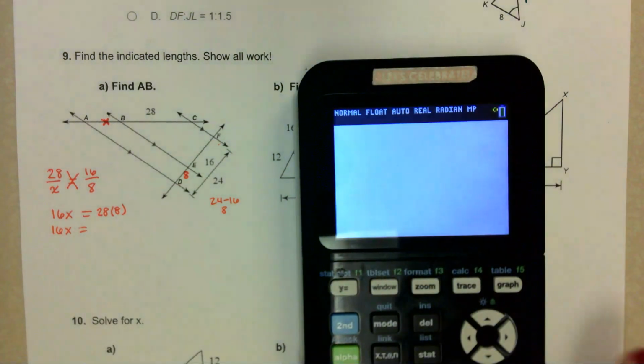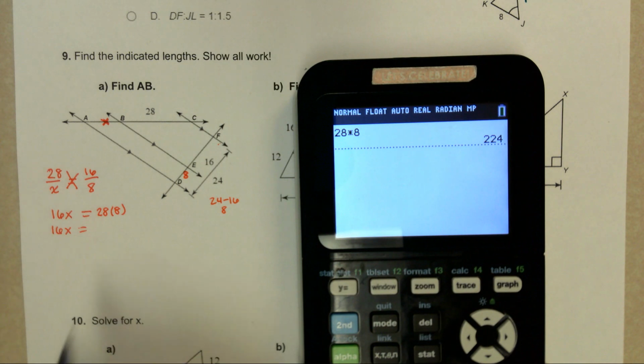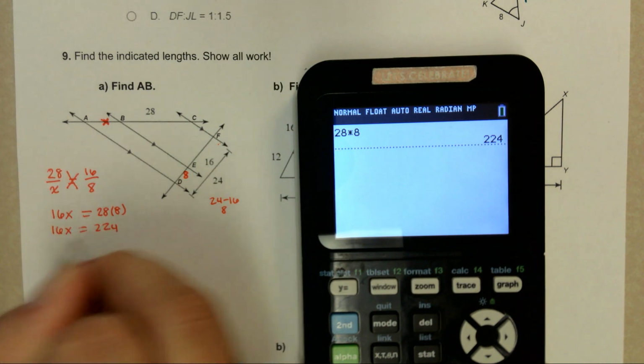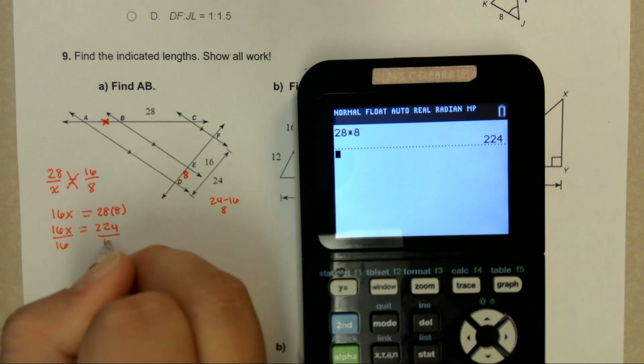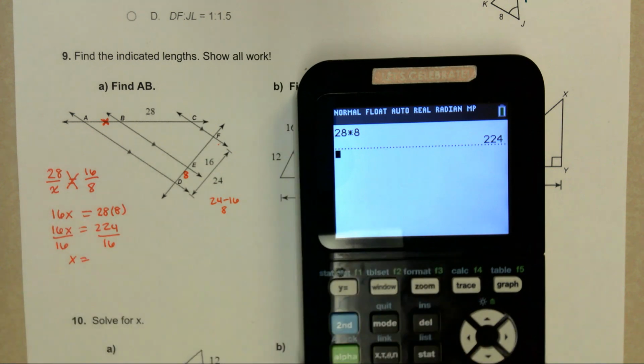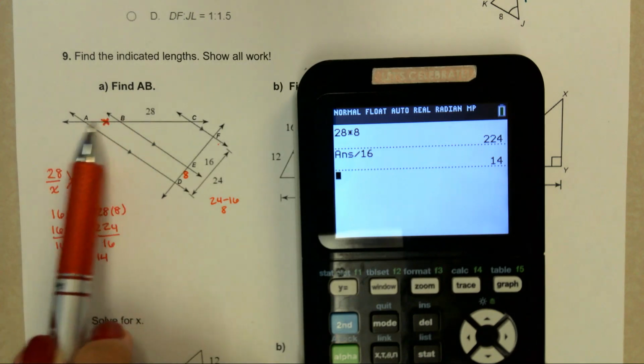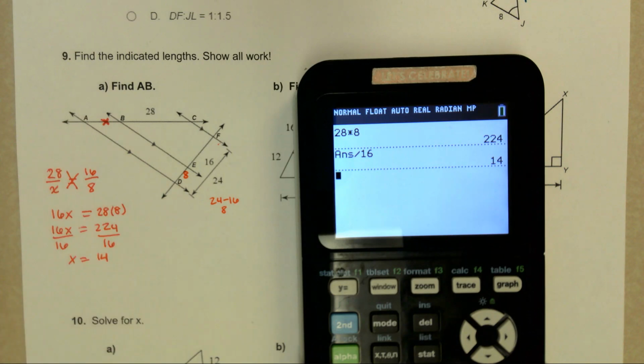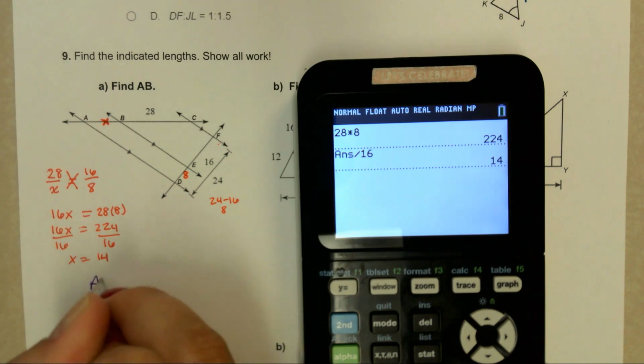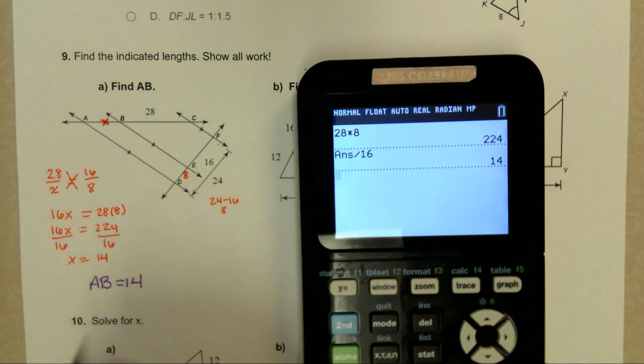So 28 times 8 is 224. Divide both sides by 16. X is 14. So let's double check what they wanted us to find. AB, and AB is X, so AB is 14. Okay.